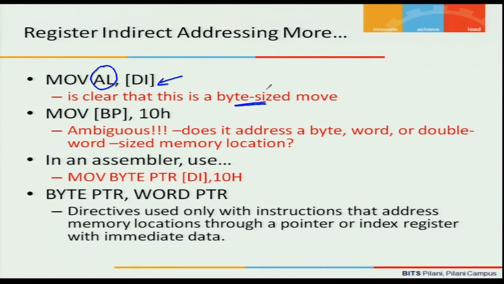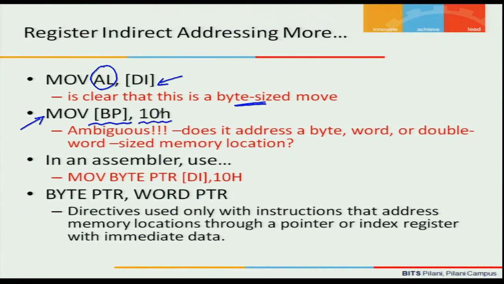But if you take the next instruction shown here, you will see that you have a problem. If you just say move within square brackets BP, comma 10 hex, BP is pointing to the starting of a memory location, and you have a value 10 hex to be moved.